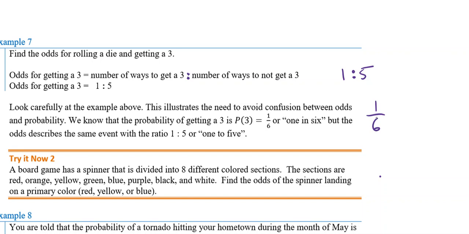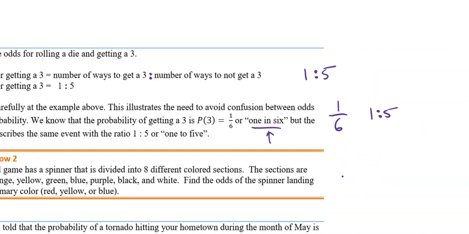But the odds would be 1 to 5. Do you see the difference there? The probability was 1 over the total, 1 out of a total of 6, and the odds was 1 to 5.